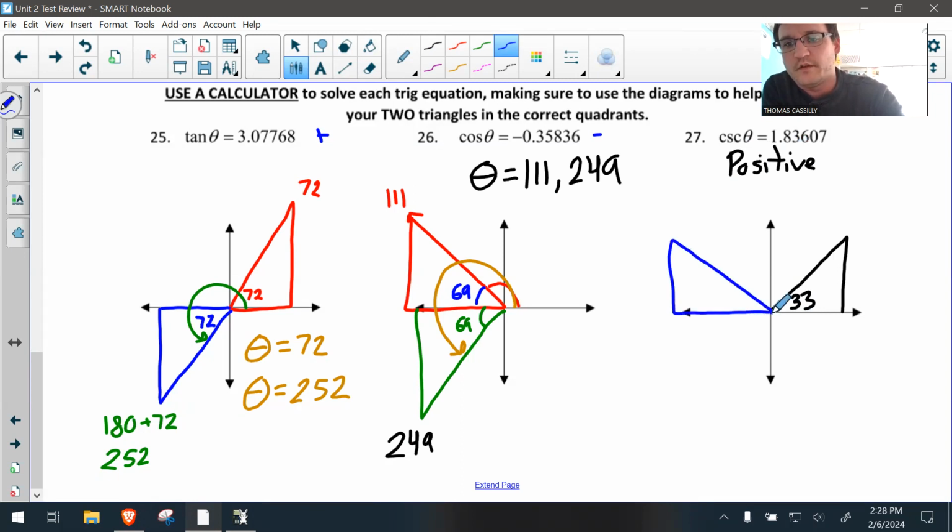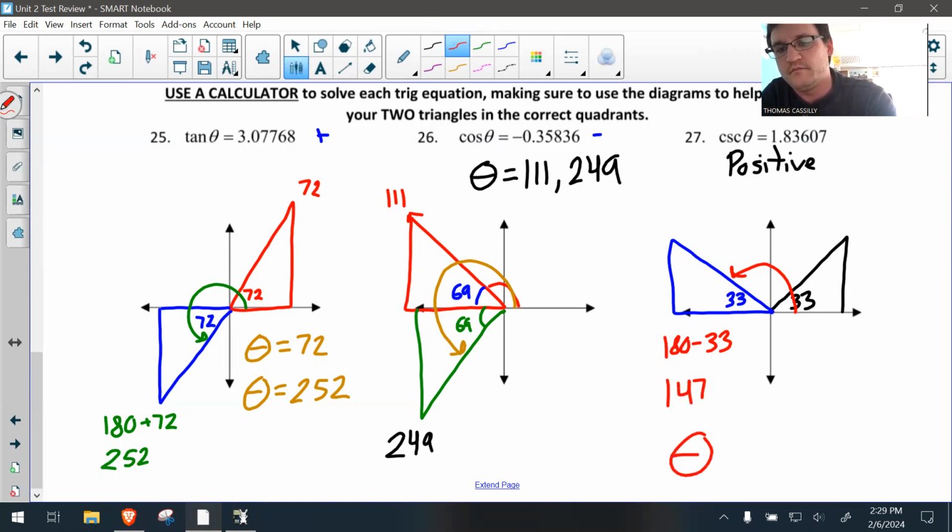All right, so here's our second value, and we need to figure out, hey, what is this angle right here? And that is 180 minus 33, which gives us 147. All right, so theta equals 33, and theta equals 147.